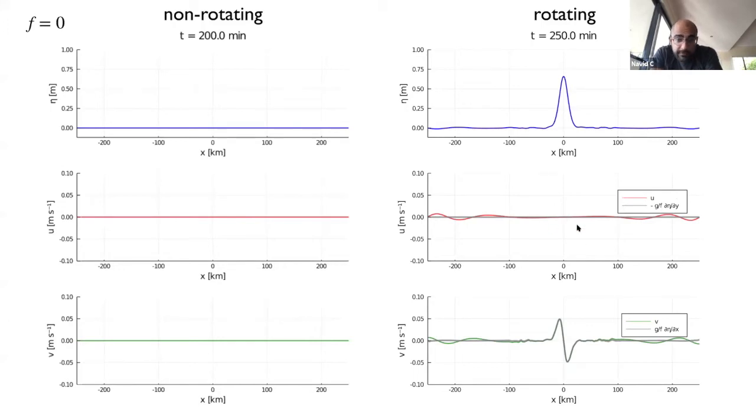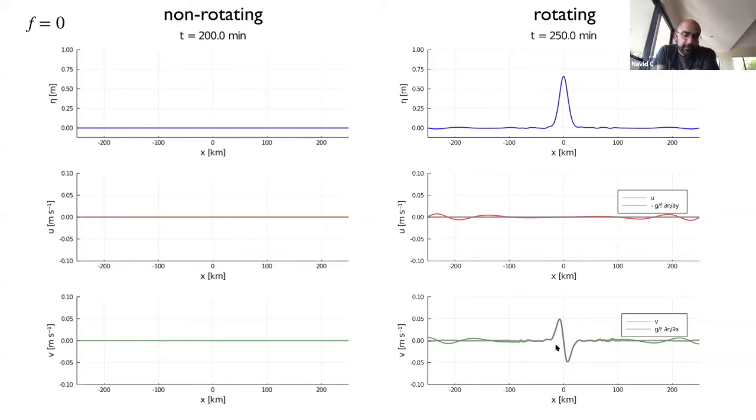And we see that in the middle of the domain, it is very close to zero. And if we waited long enough, also these small waves that we still see in the edges of the domain will have propagated away. And also you can see very nicely that on the bottom, the meridional velocity that was left, this green curve, very nicely matches the gray curve, which is exactly the solution from geostrophic balance.